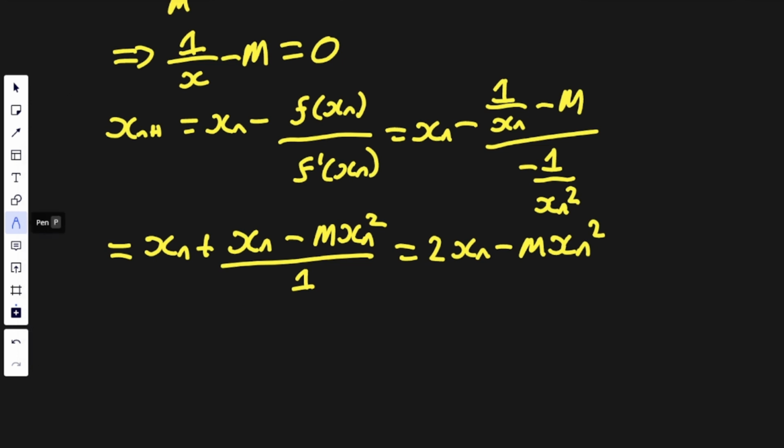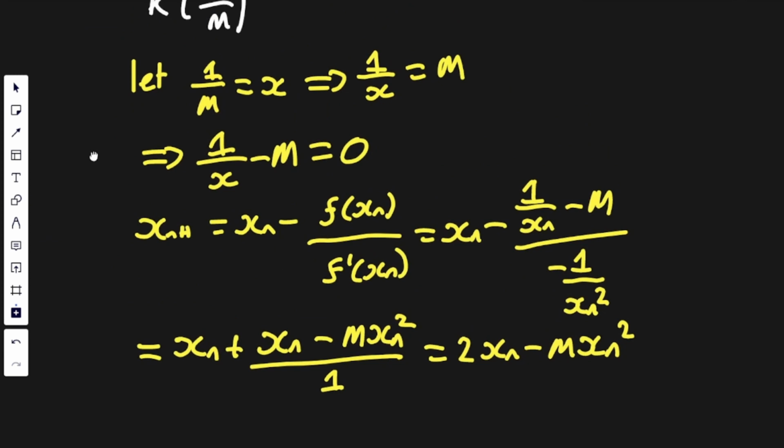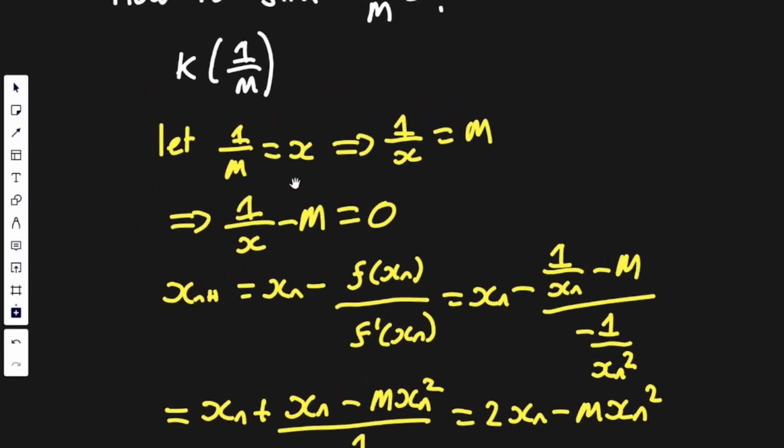So basically what we've got is a recurrence relation for this value of x. So if we choose a suitable start point, then this sequence will converge. Now you might be thinking, well, what's the point? We're approximating. Well, unfortunately, even when we do division of most fractions, we will approximate.